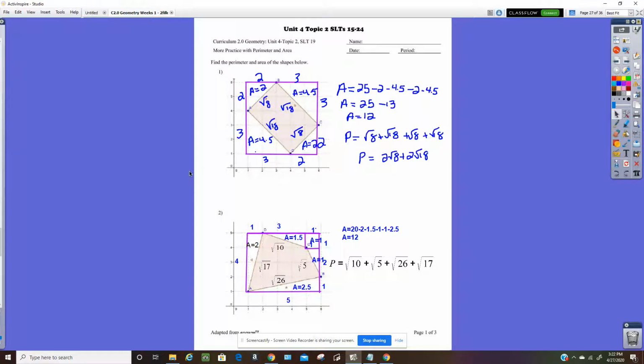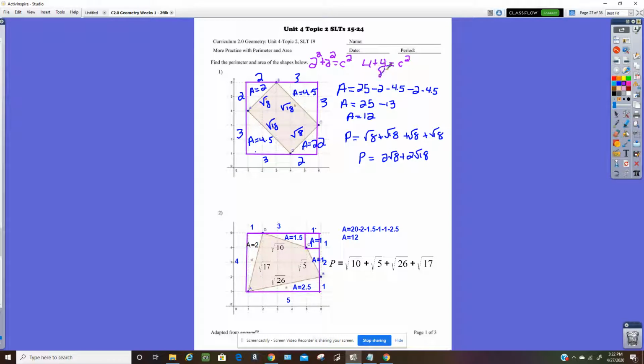So just to demonstrate how I did that, this side right here, how I found this side, I did 2 squared plus 2 squared equals c squared, and I have 4 plus 4 equals c squared.